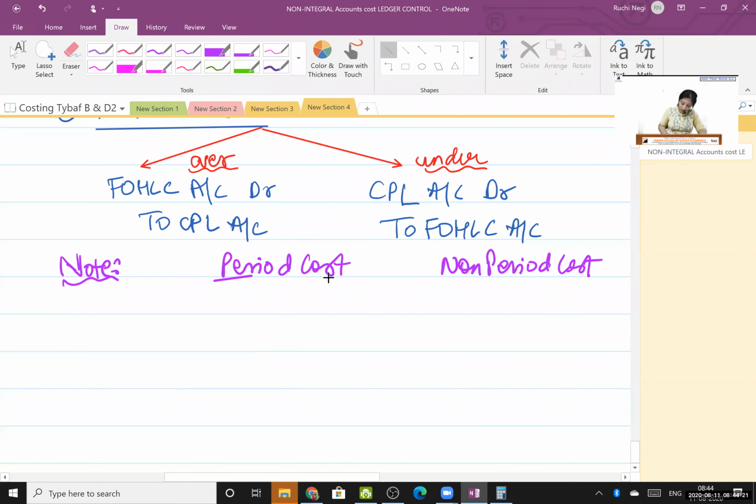What does it mean? Now, when I talk about a period cost is a cost which expires in that particular current year or accounting period. And non-period cost does not expire in that particular accounting period. इसका meaning क्या होता है? That it is transferred to the next accounting period.